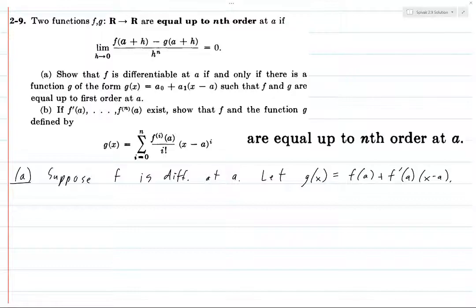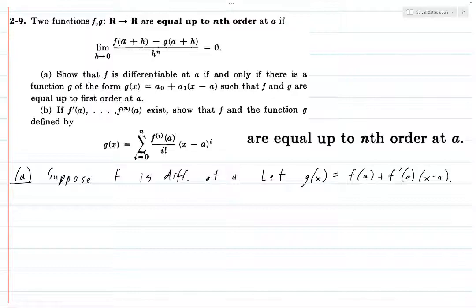Because if you plug in g of a, well, the f prime term is going to drop out because you get a minus a, and so g of a is precisely f of a. And also, g prime of x is just going to be f prime of a.